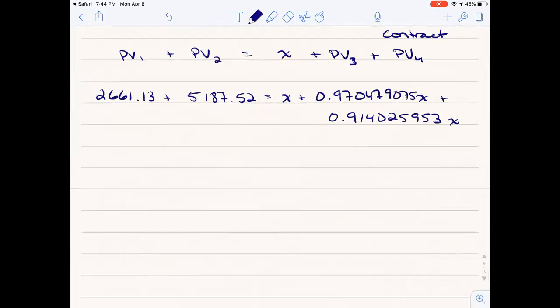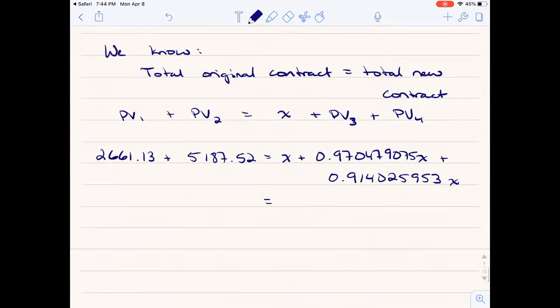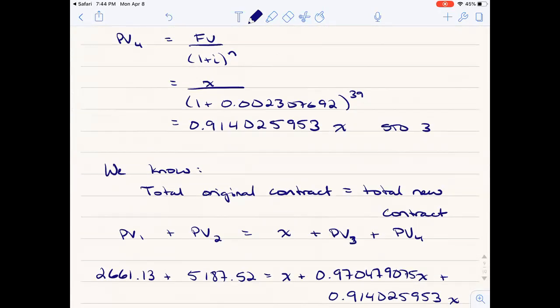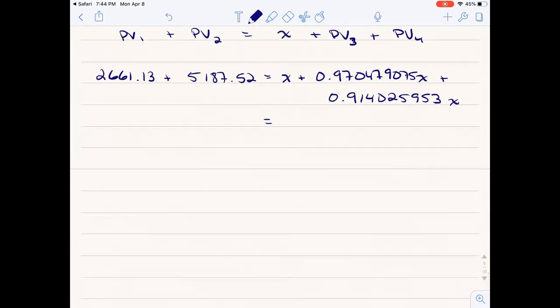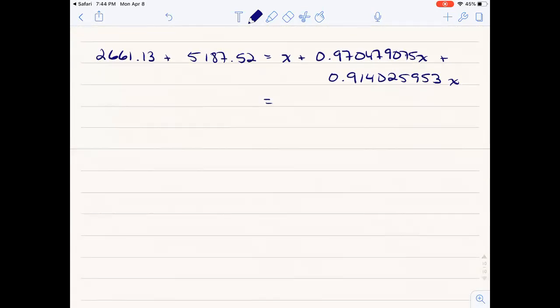On the right-hand side, we've got x's on each of these, so we can collect like terms, and we can say, okay, well, that was 1 plus recall 2 plus recall 3. So that on the right-hand side, I've got 2.8845050028x.